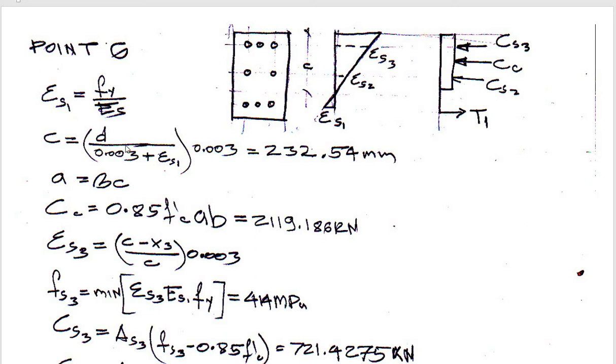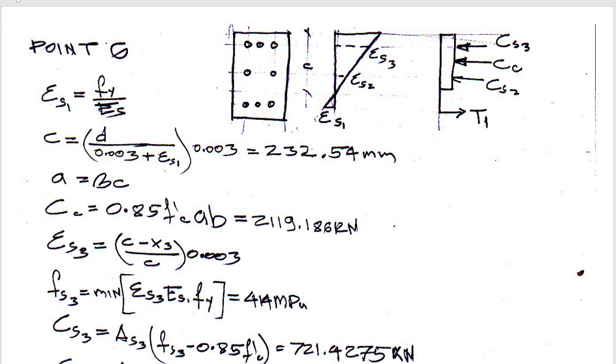Ang larger triangle natin, it involves your 0.003, tsaka yung small c, tsaka yung strain in steel 1, which is Fy all over ES, and your x1 minus c. So you can easily solve small c, which is 232.54.